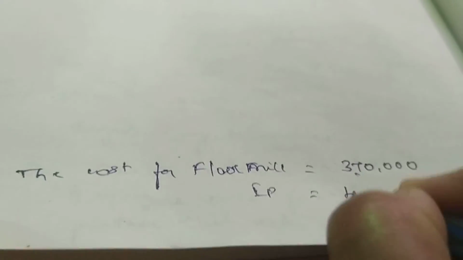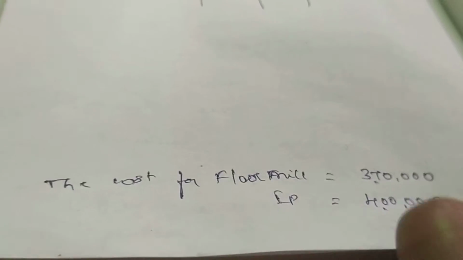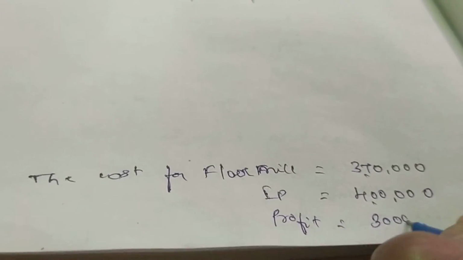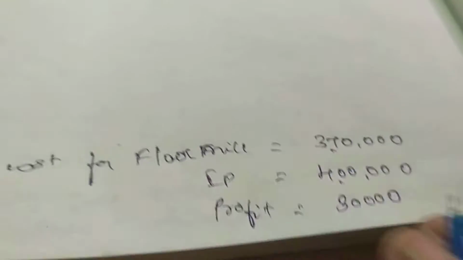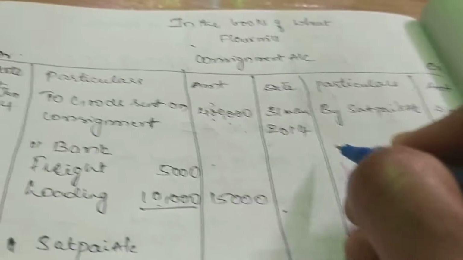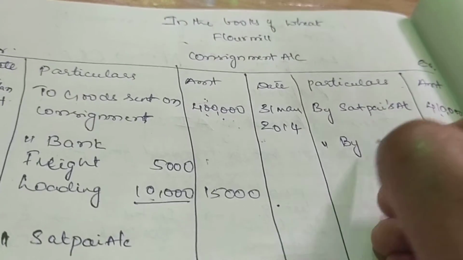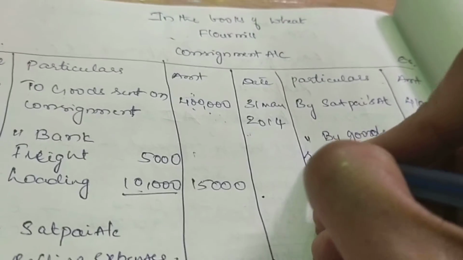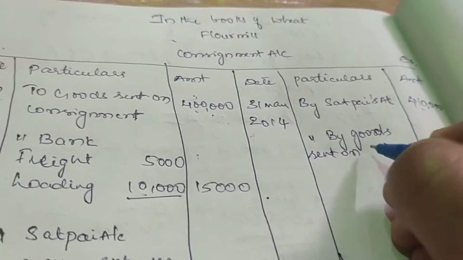Invoice price is 4 lakhs. So the profit is 30,000. In order to remove this profit, when you write on the debit side the amount as 4 lakhs, you have to write by goods sent on consignment on the credit side.